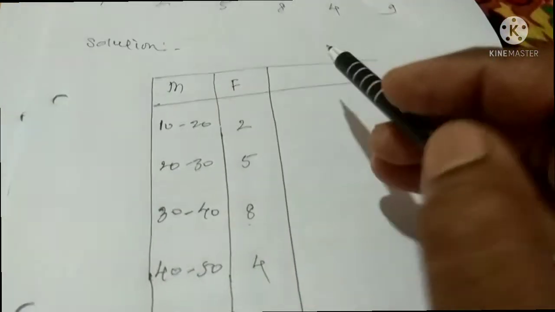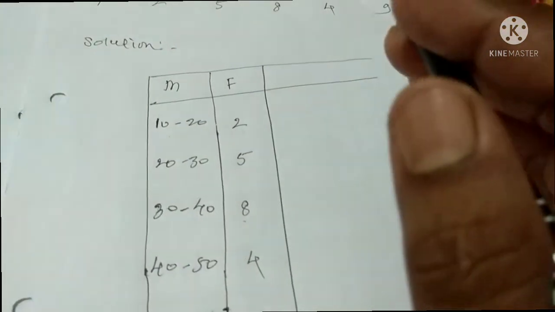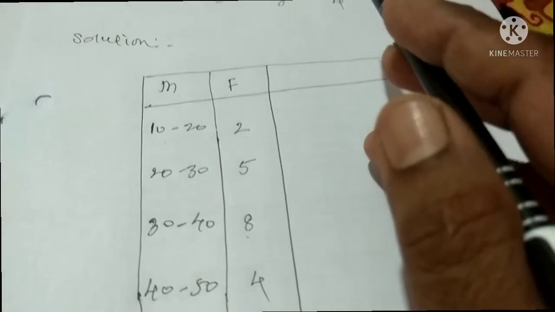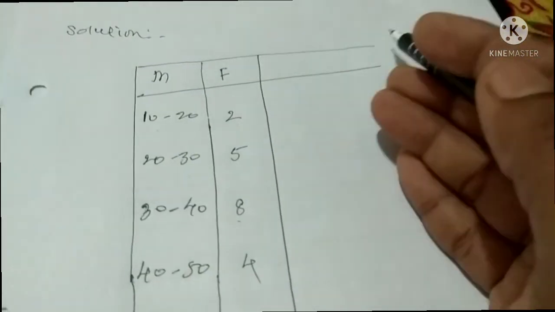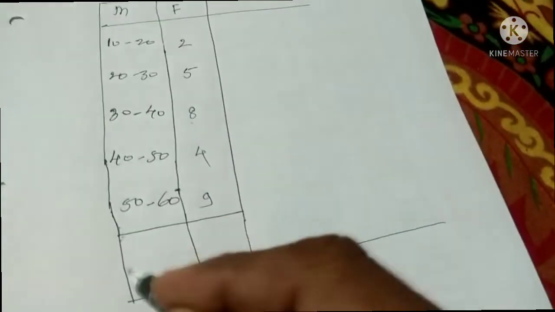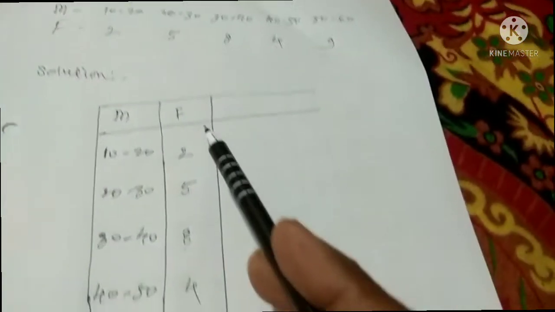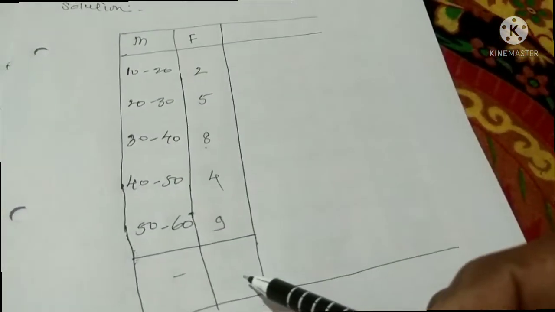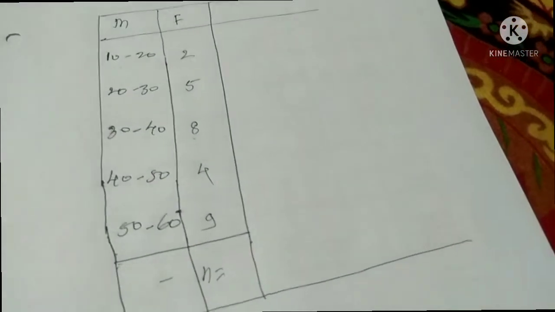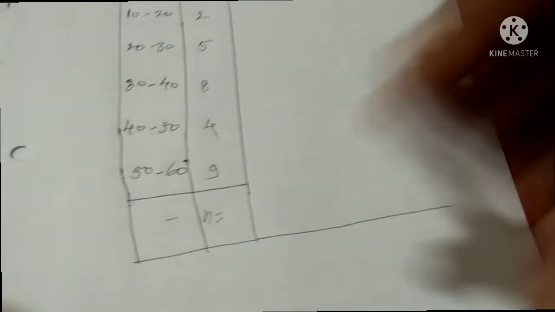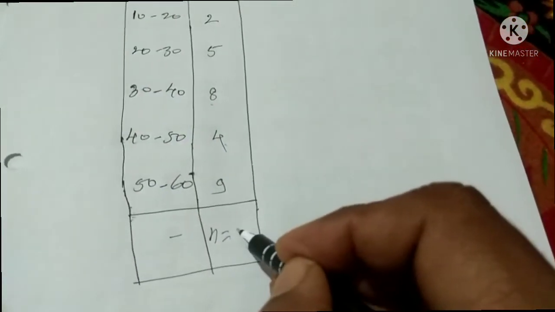Okay. So in the method of continuous series, if we have to calculate mean, what should we do firstly? Put the M series and F series in a vertical line and make the addition of the F series. So write here N equal to, the addition is 28.